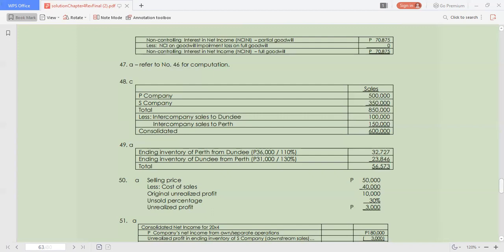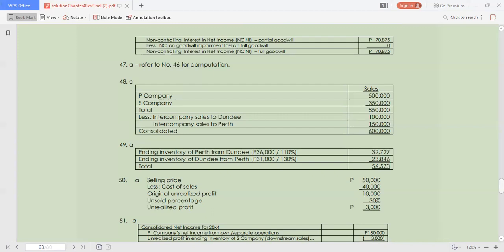During 20x4, one company sold inventory to the other company for 50,000, which cost the transferor 40,000. So the transfer price is 50,000 with the cost of 40,000. As of the end of 20x4, 30% of the inventory was unsold.